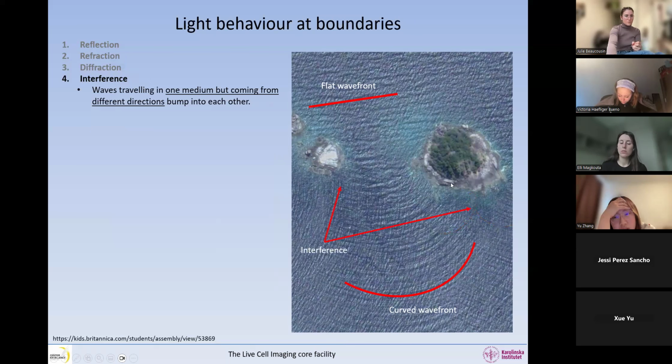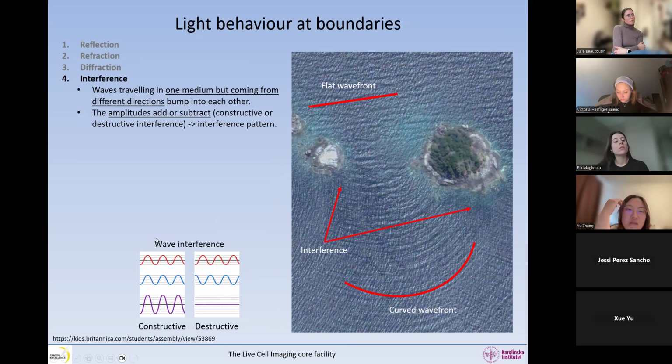But what happens in here is that we have a curved wavefront coming here and a curved wavefront coming here. And these waves bump into each other. And so at this area, right behind here, you see the curved wavefront here and curved here. At this area, the waves interfere with each other. Okay, and this is interference. So waves traveling in one medium, but coming from different directions, bump into each other.